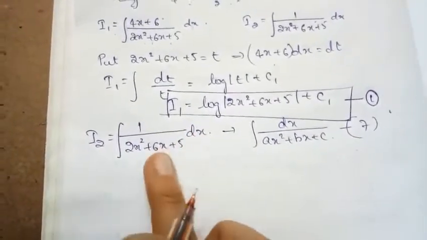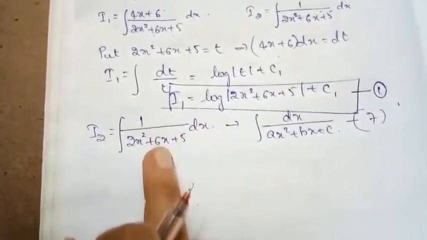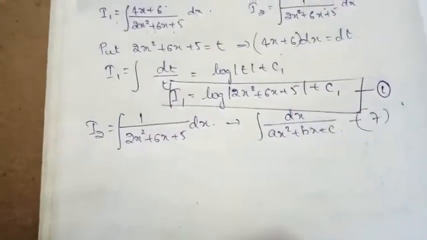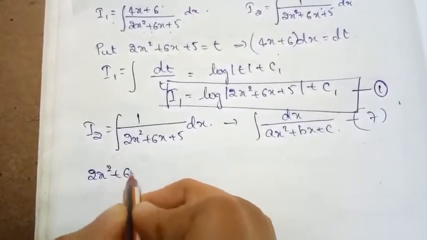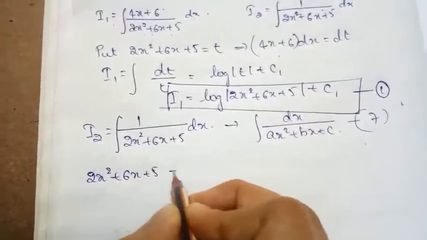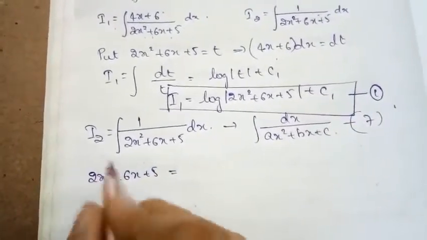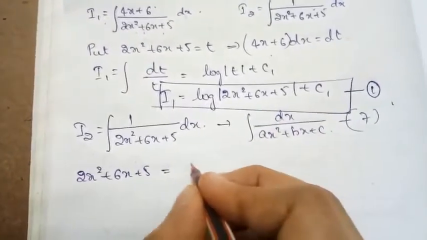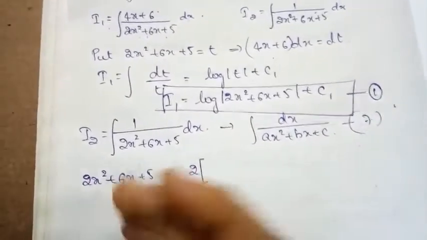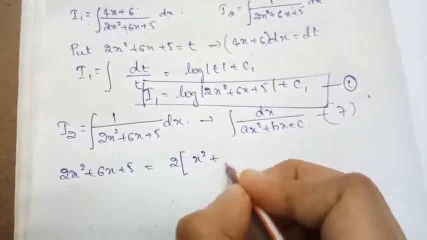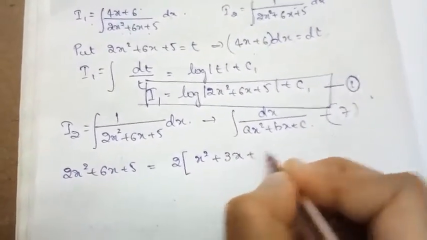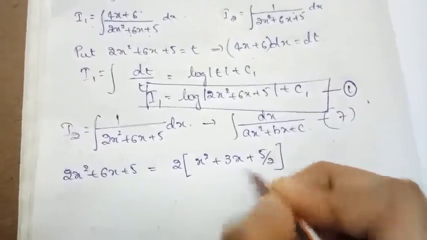So what happens now? Now we should solve this to get the integral of this one as we used to solve this one. So what is that? First I will consider this 2x square plus 6x plus 5. What is the first thing? We should make the coefficient of x square is equal to 1. So that I will take the 2 common outside. What happens? X square plus 6 by 2, it is 3x plus 5 by 2.